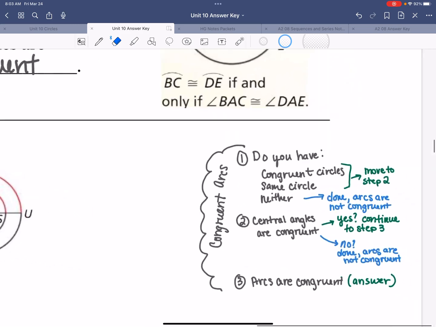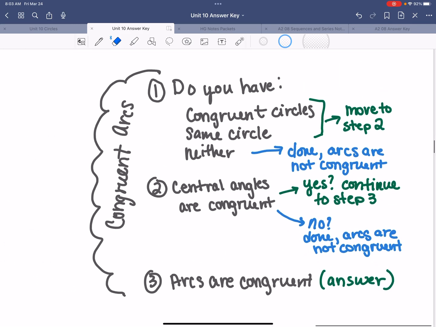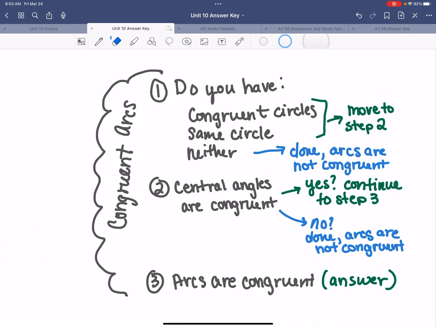So I have a little bit of a step here that we can use to figure out, do we have congruent arc measures? The first step is, do you have congruent circles or the same circle? If you have either of those two options, you'll move to step 2. If neither of those are true, then you're done. Arcs are not congruent. Step 2 asks, are the central angles congruent?